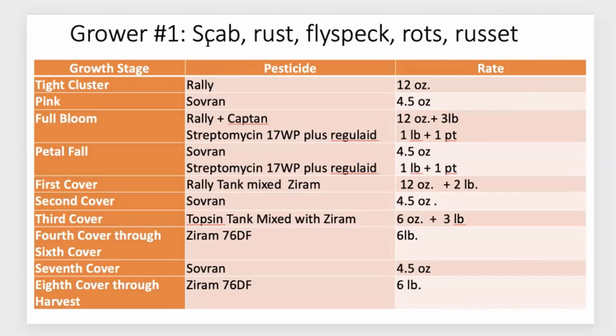It would also help with scab. They could also put another application on earlier with something like Captan to help control scab, and then switch over to Mancozeb or Ziram earlier, which would give better control against rust, because Sovereign is only suppressive. Captan doesn't really work well against rust.